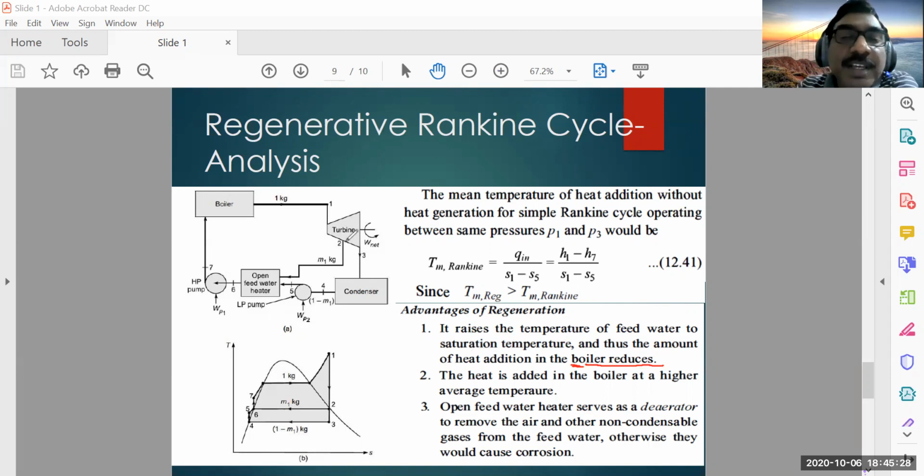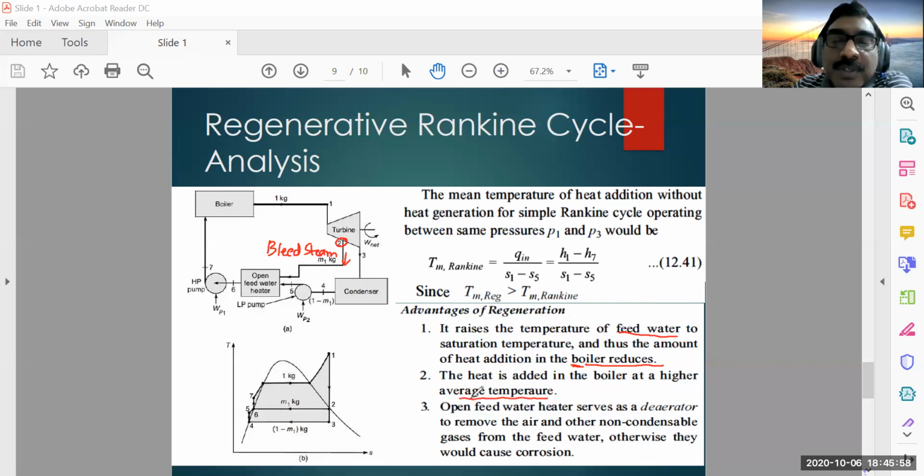The steam which is coming here is called bleed steam. So we are extracting some steam. The amount of heat added in the boiler will be reduced because of the direct heating of the feed water in the feed water heater using the bleed steam.